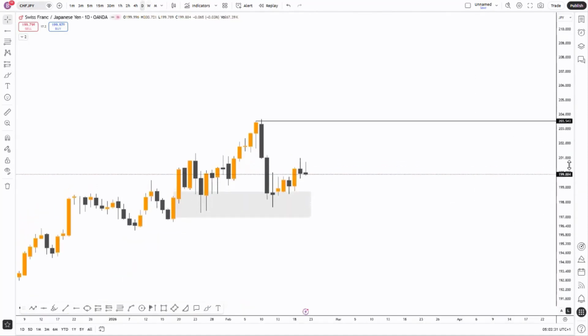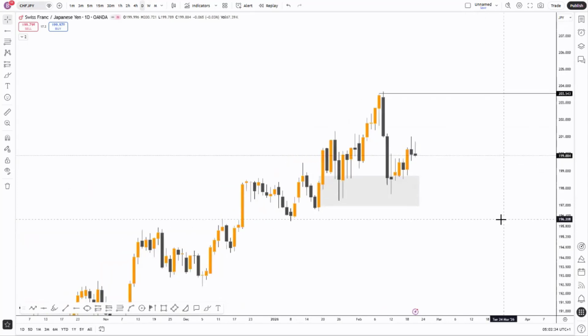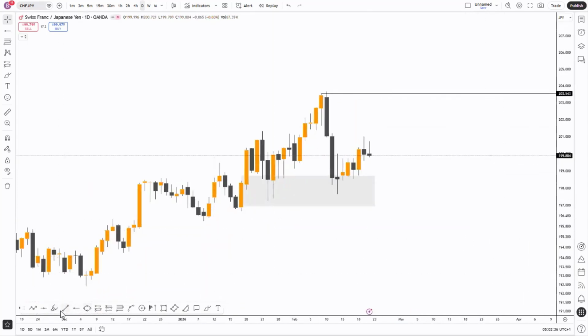Here, I'm marking out my structure and breaks of structure. This is a break of structure here. Now we have another break of structure, another break of structure. After this break of structure, we can also spot that price sold massively to the origin of that break of structure, and the origin is somewhere around here.